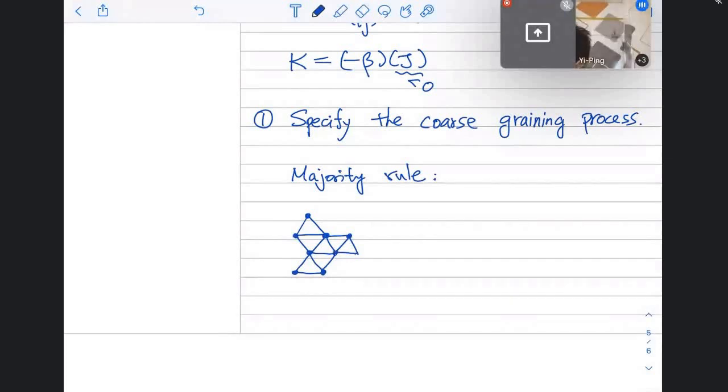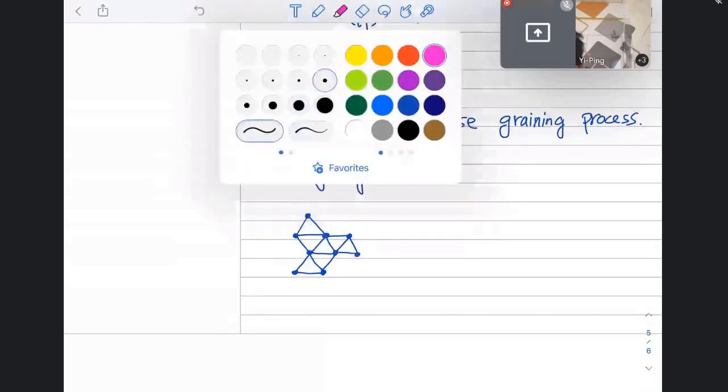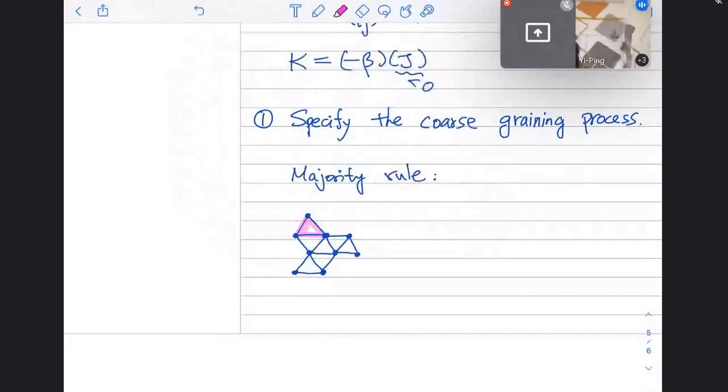So now we are trying to collect the spins in a certain fashion for us to do the coarse-graining process. So let's try to do this. Now I'm drawing this plaquette using the pink color.